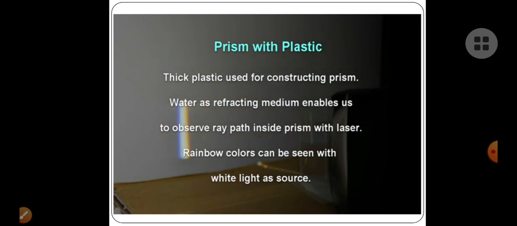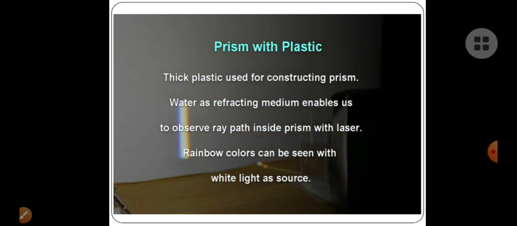As the light goes from air to a different medium in the prism, it gets deviated due to refraction of light.